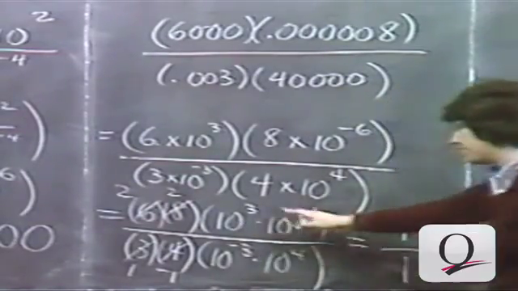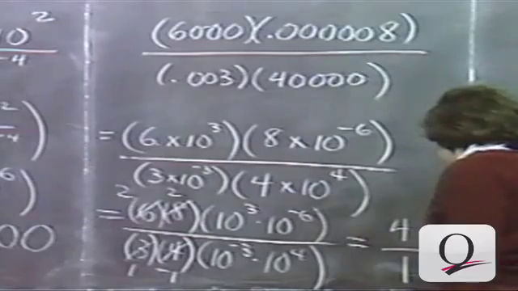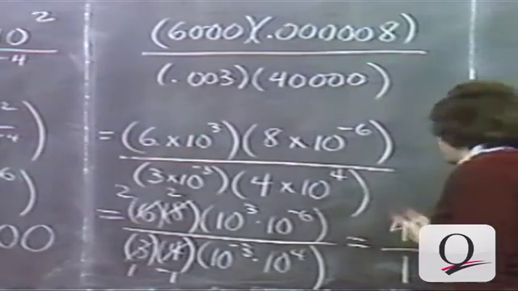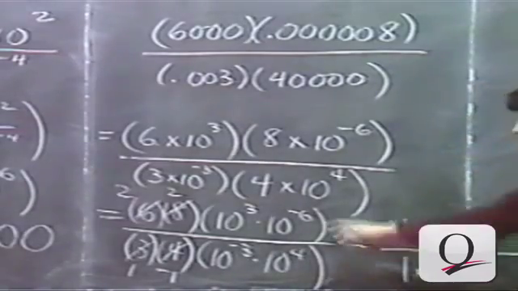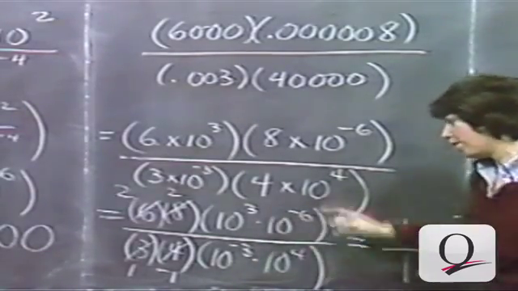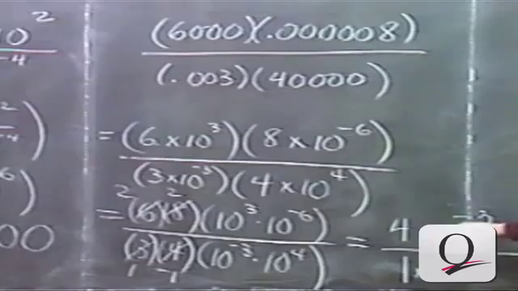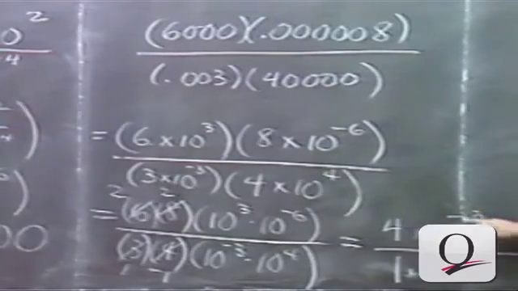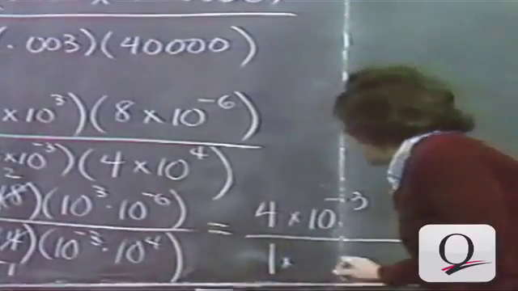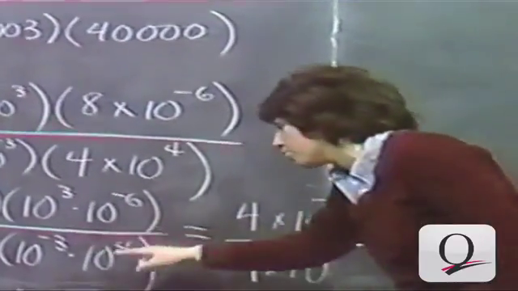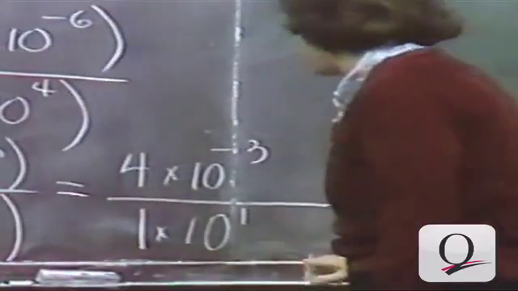Now on the top we have 10 to the 3 times 10 to the minus 6, which is 10 to the minus 3 power. Okay, you multiply, you add the powers. 10 to the 3 times 10 to the minus 6 is 10 to the 3 minus 6, which is minus 3. 10 to the minus 3 times 10 to the 4 is 10 to the minus 3 plus 4, or 10 to the first power.